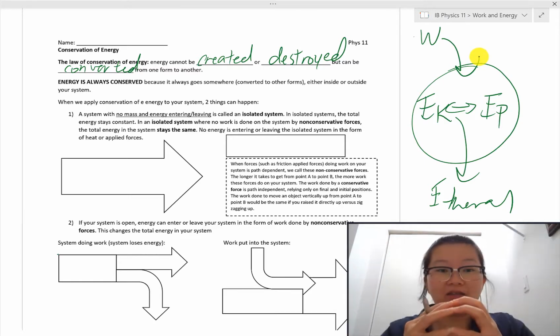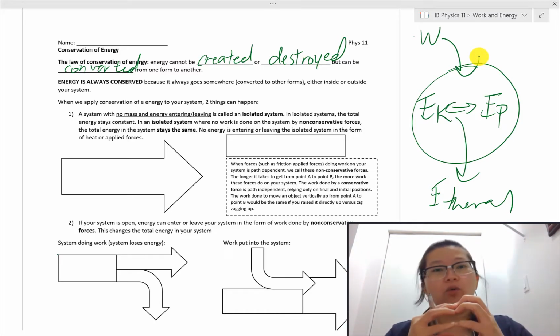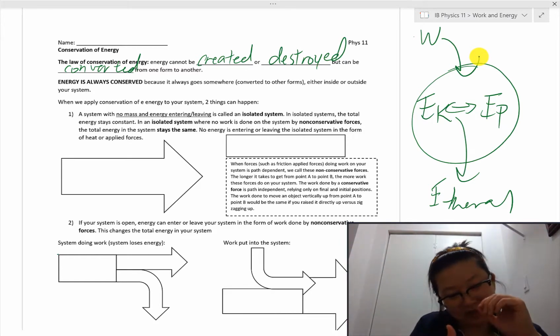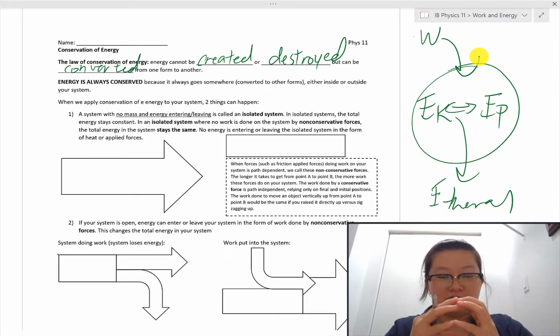So we call that an isolated system. And when we have an isolated system, the total energy in our system should stay the same, meaning that there is no work done by non-conservative forces. We will talk about that a little bit later. So when that happens, the change in total energy is zero.